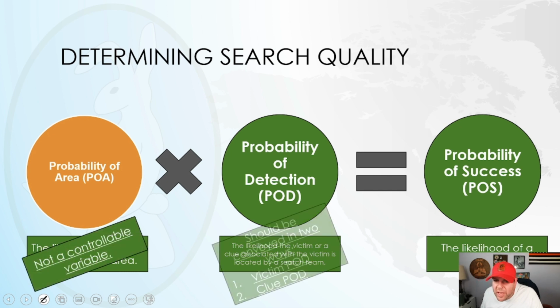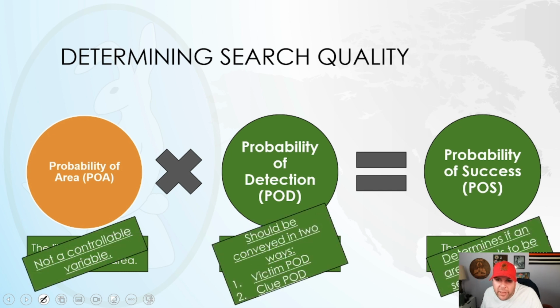Probability of area is not a controllable variable. Okay, that's something they're either in the area or they're not. There's a couple different ways that we can arrive at probability of area. We can do it through lost person behavior statistics. We can do it by some deductive reasoning or some consensus analysis. But generally speaking, they're either in the area or they're not.